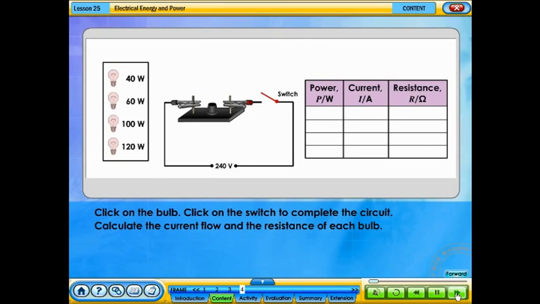Click on the bulb. Click on the switch, the circuit. Calculate the current flow and the resistance of each bulb.